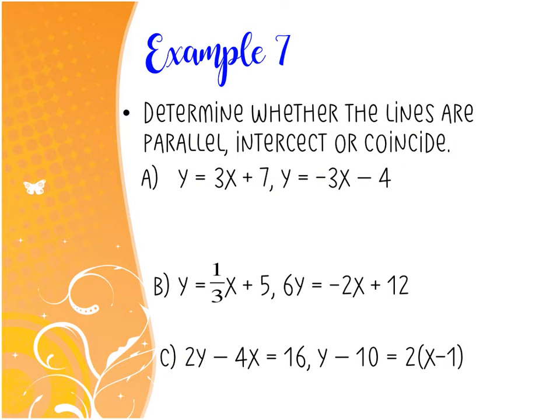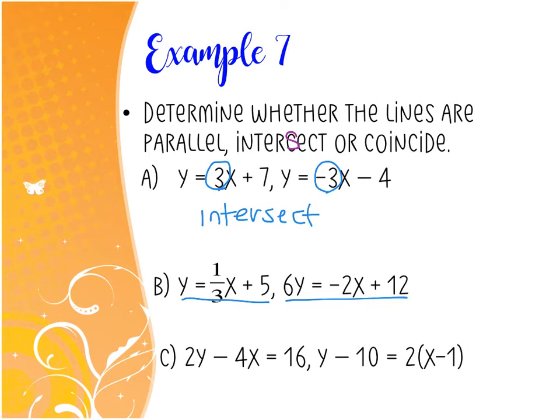So this last example, example 7, says determine whether the lines are parallel, intersect, or coincide. So when you look at the two, you can look first at the slopes of the lines. So A is 3x plus 7 and negative 3x plus 4. These slopes are different, which already rules out parallel and coinciding, which means that these two would intersect. B, this one's solved for y, but this one's not.